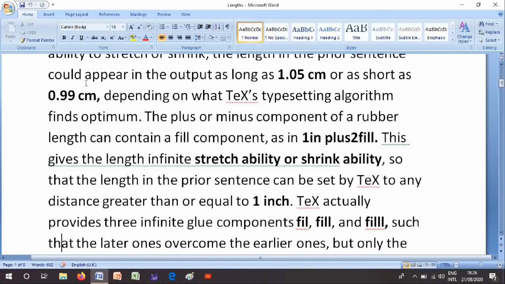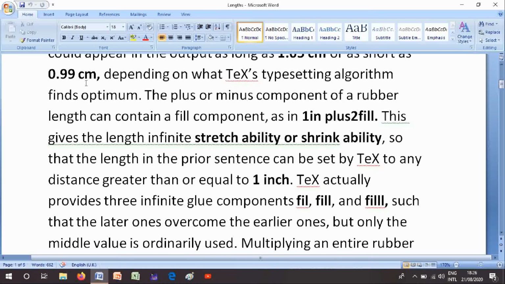TeX actually provides three infinite glue components: fil, fill, and filll, such that the latter ones overcome the earlier ones, but only the middle value is ordinarily used.